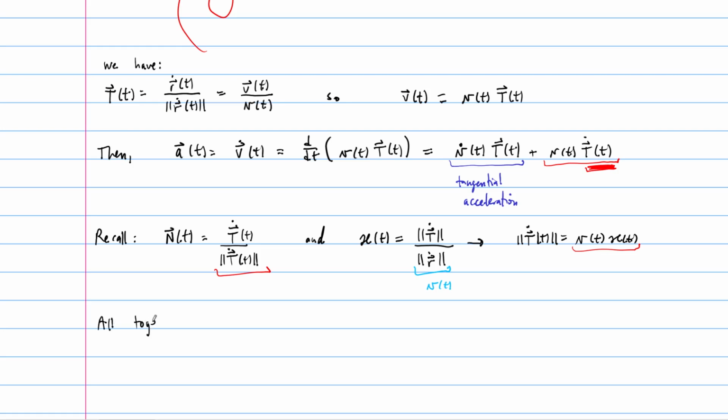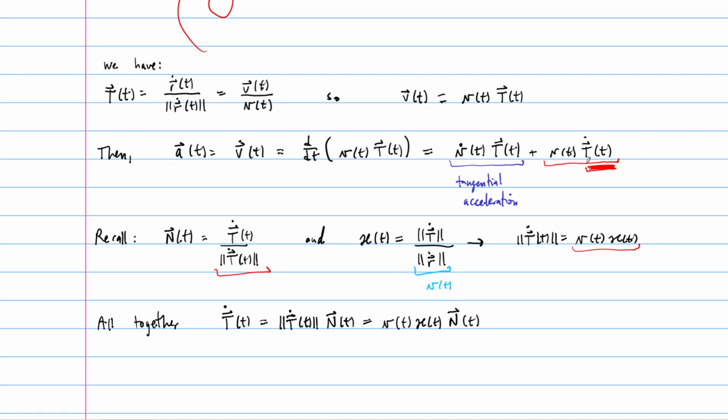here's what we get. The vector field T dot of t is going to be equal to the length of T dot of t times the unit normal field, which is then equal to the speed function, I keep saying velocity because it's a lowercase v, times the curvature function, that takes care of the length of T dot, times the unit normal direction.